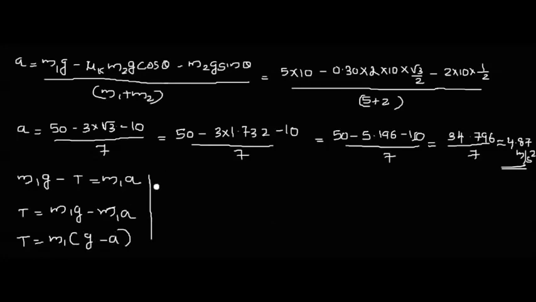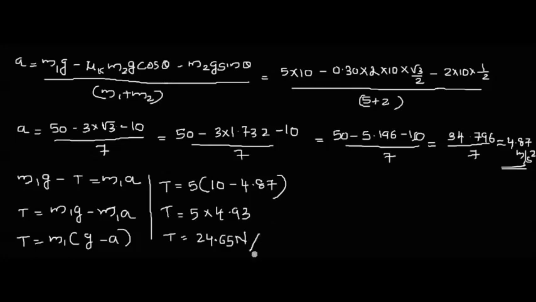Taking g as 10, the tension T will be equal to m1, the mass of the first body, 5 kilogram, and inside the bracket we have 10 minus 4.87. So this will give you approximately 5 into 4.93, and the value of tension will be approximately 24.65 Newton.